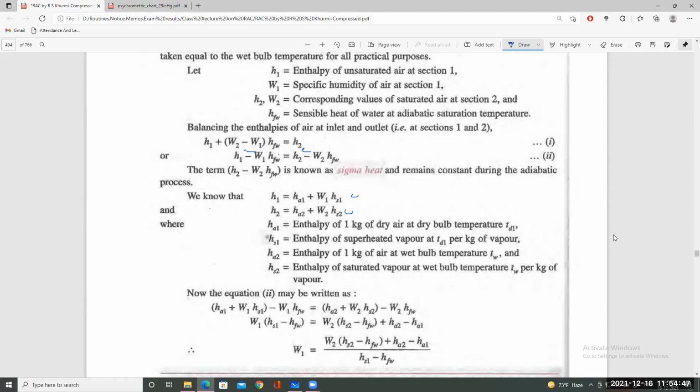That is, W2 (hs2 minus hfw) plus hd2 minus hd1, divided by (hs1 minus hfw).